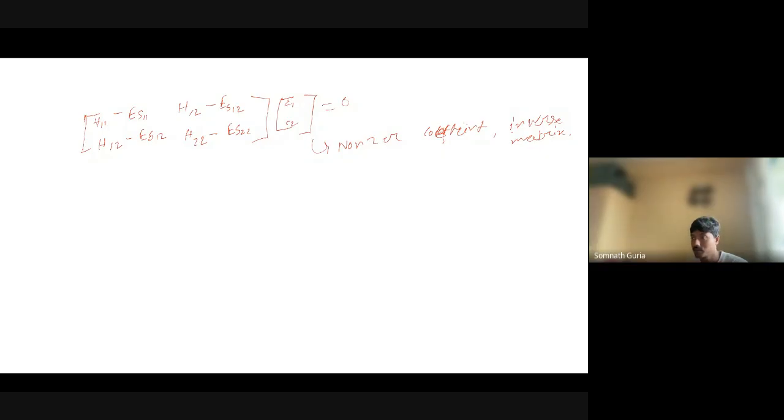So then the determinant will be 0. Then we have: H11 minus E S11, H12 minus E S21, sorry, H12 minus E S12, and H22 minus E S22.